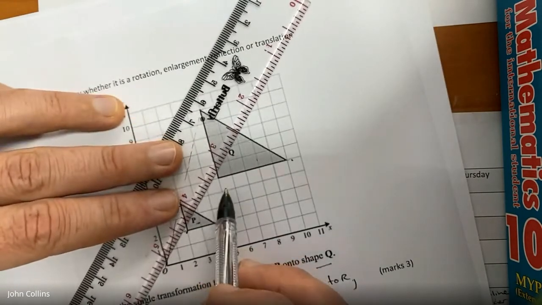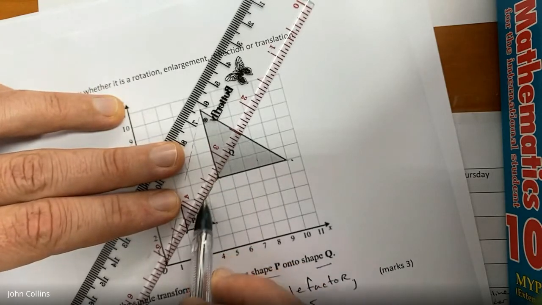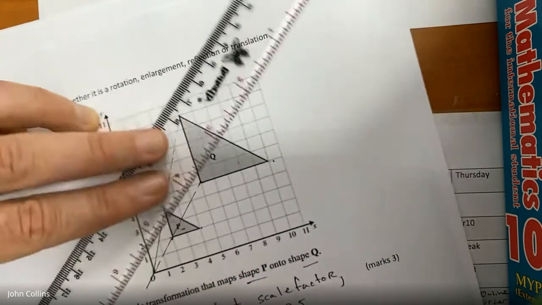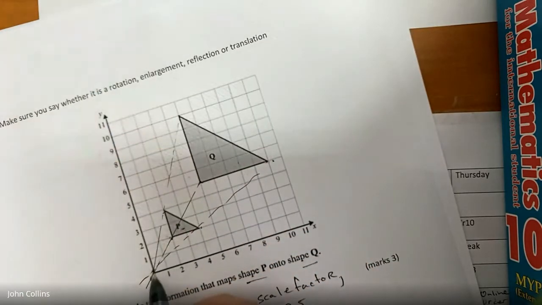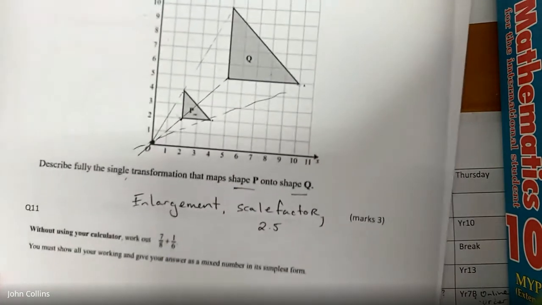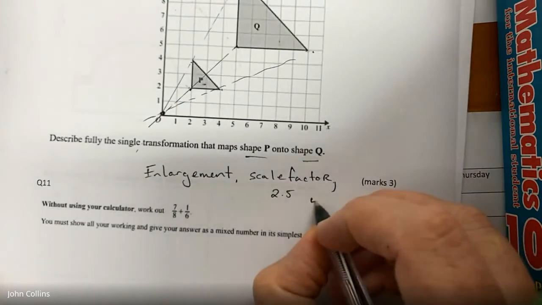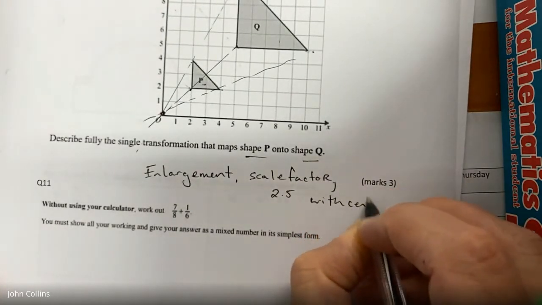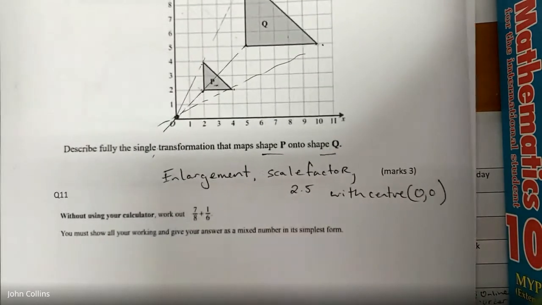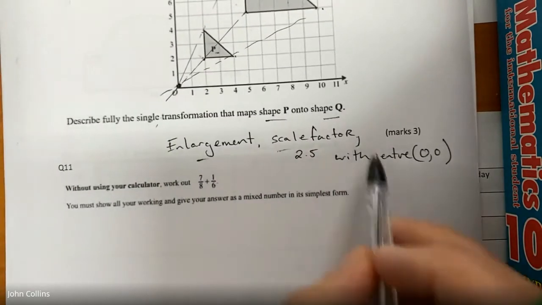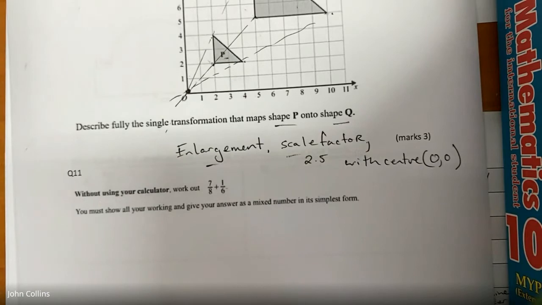I just join up those corners, those 2 corners joined up, and those 2 corners joined up, continue that line, and it looks like it's going through the origin, or 0, 0. So I'd say with center 0, 0. Okay, so you need those 3 for 3 marks. If you said 1 out of 3, you get 1 out of 3. If you said 2, you get 2 out of 3.